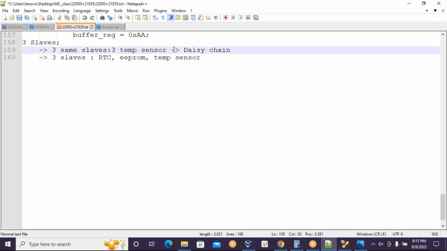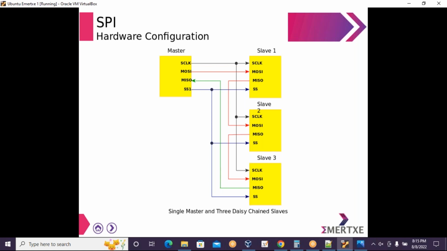So remember, whenever you have got three same slaves, we are going with a daisy chain configuration. The only reason is the slaves will have good compatibility. And second thing is, once I have learned an instruction set, I don't have to be learning an extra number of instructions. So that is the first reason why I will go with the daisy chain configuration.